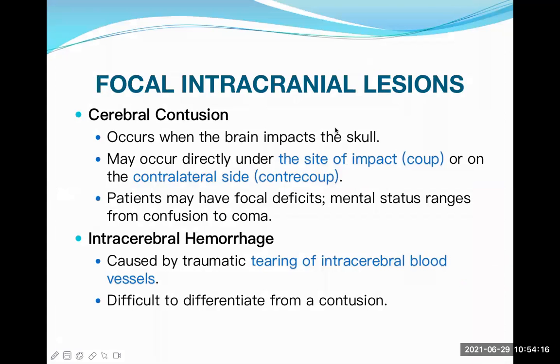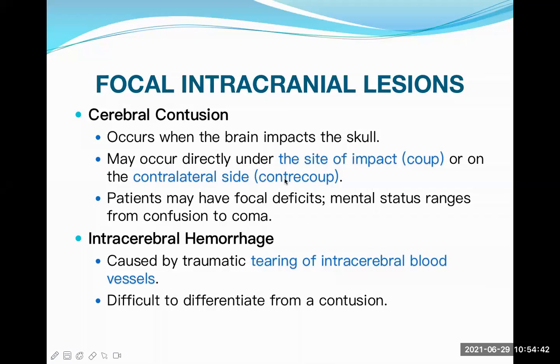Now, focal intracranial lesions, it may be contusion or it may be intracerebral hemorrhage. Now, cerebral contusion occurs when the brain impacts the skull. Some blunt type of force has hit our head. As a result of that, the brain will shake. So there are two types of injury now.